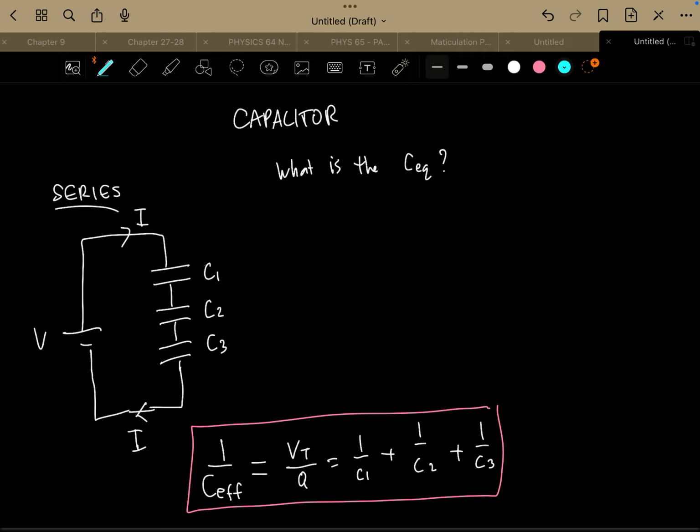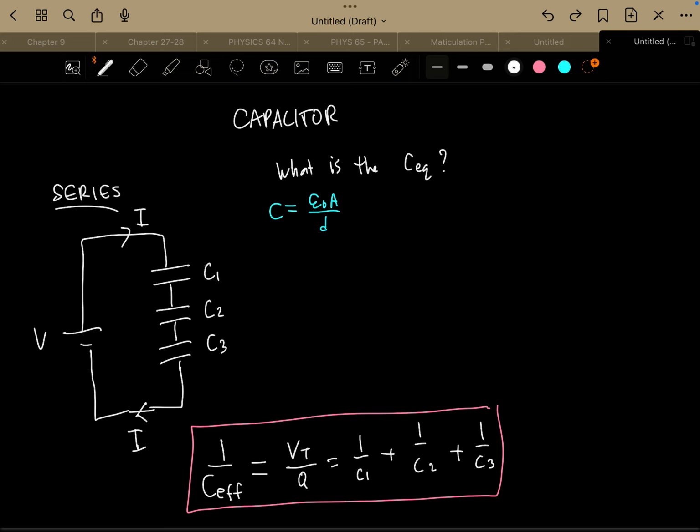We know that from definition C is equal to epsilon naught A over D, the capacitance, right? Meaning if we increase the area, the capacitance increases. If we decrease the distance, the capacitance increases. Okay.